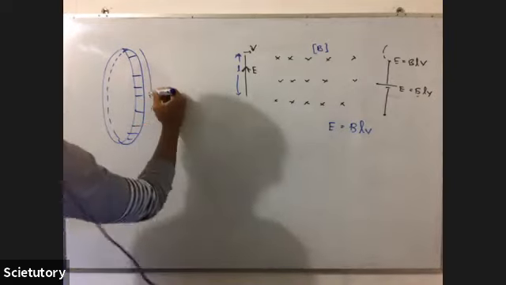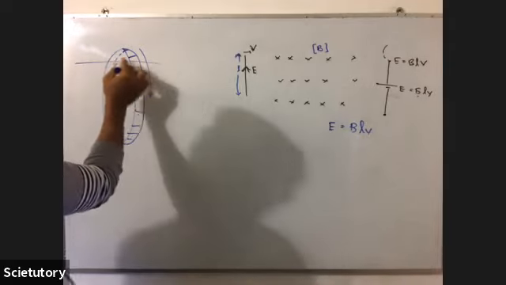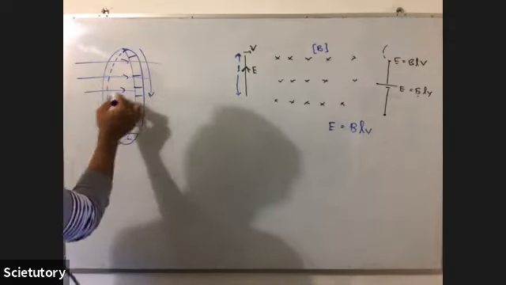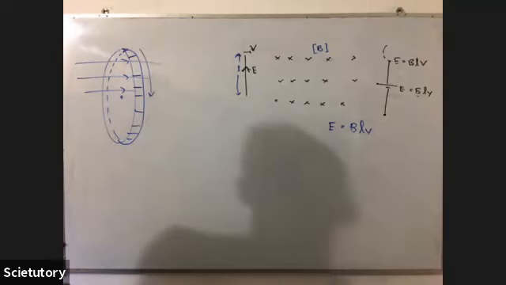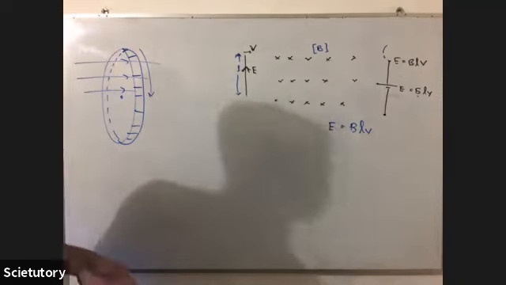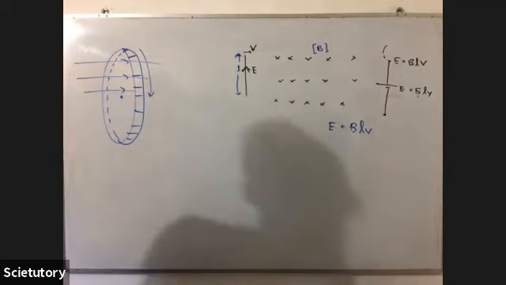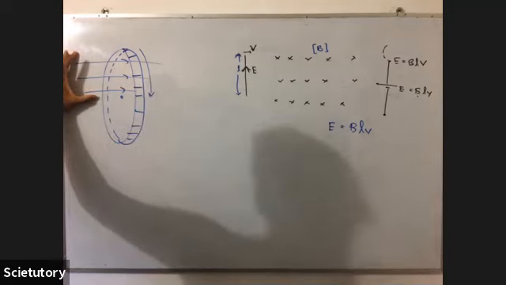So these are moving like this. When they move, there is a magnetic field like this. So they will move perpendicular to the magnetic field, or sometimes they have a perpendicular component, or sometimes they move exactly perpendicular to the direction of the Earth's magnetic field.